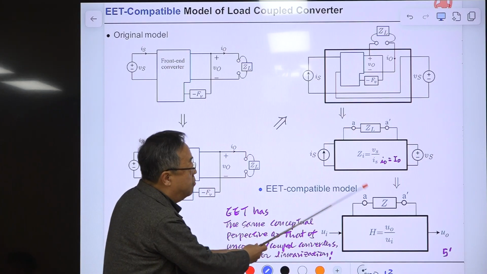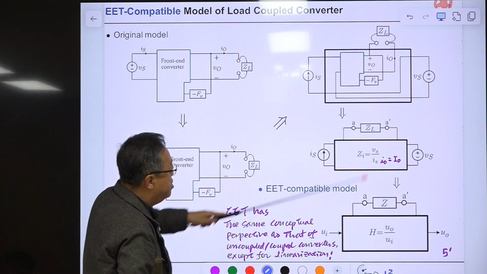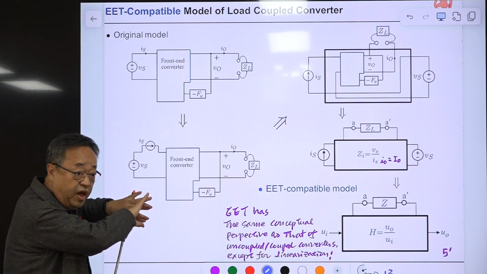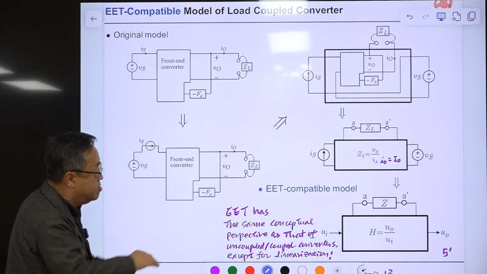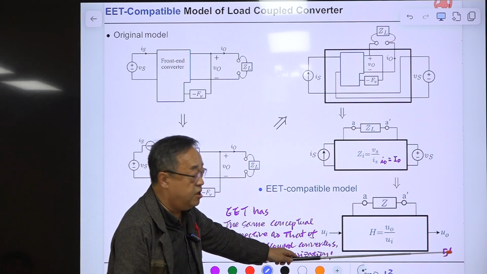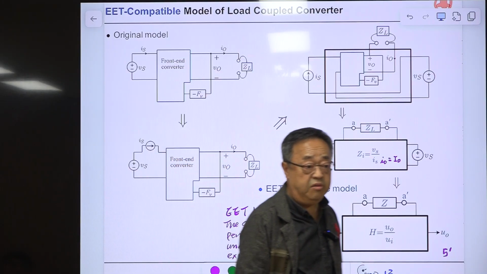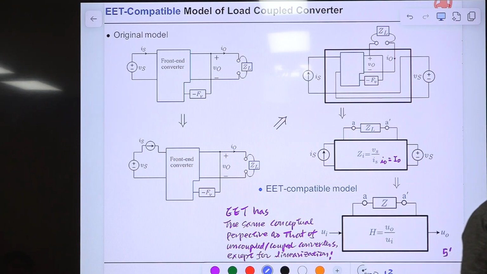But here we need to separate between DC and AC, because this EET is valid only for linear time invariant systems, but this PWM converter is something else, a time varying nonlinear system. So this is the linearized model. Because of that, we need to specify this.